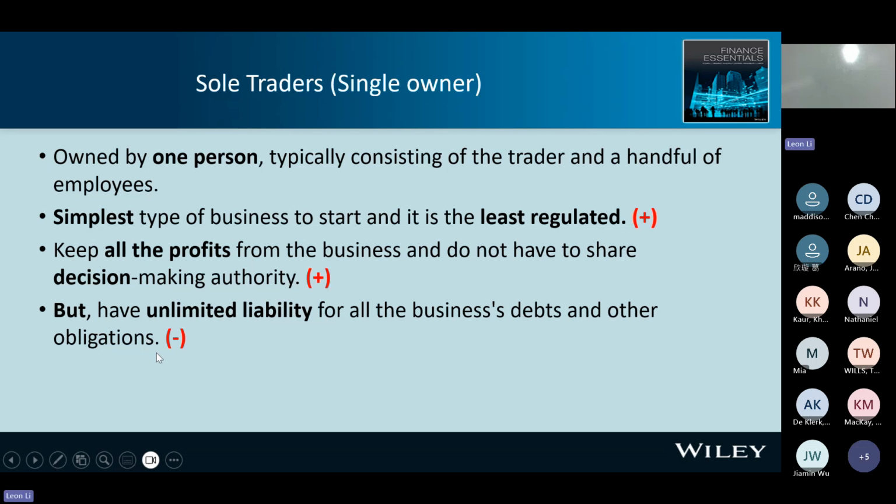And remember, the advantage of small business will be the disadvantage of large business, all right? So you can see the advantage here: least regulated, right? And keep all profit and don't need to share the decision, right? But unlimited liability for small business, right?